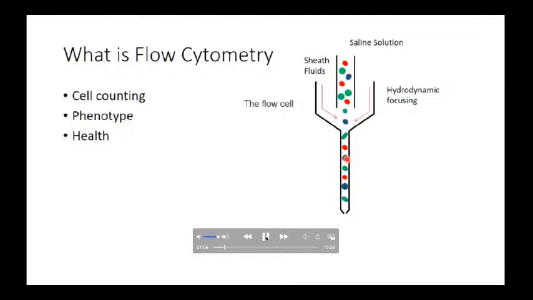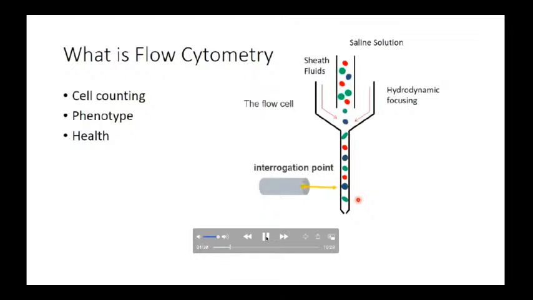It's very important to pass the cells one by one through the tube, because here I have a laser beam, and the cells should pass through the laser beam one by one. This point where the cells pass through the laser beam is called the interrogation point. Now, when the cell passes through the laser beam, there are two events happening.